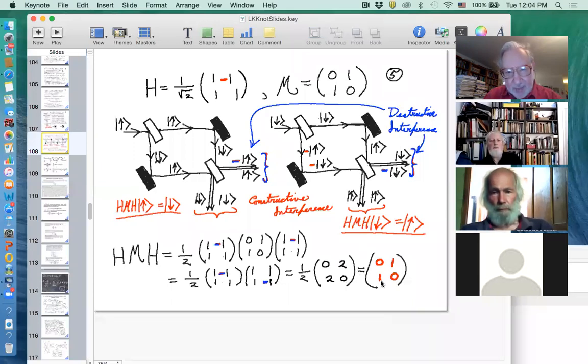And if you had a spin down going in, you'll have a spin up going out. When you go through the paths formulation, you find that you're getting the same results. For example, here are the paths for the spin up going in, and you get a reinforcement for spin down coming out, and a destructive interference for the spin up, and similarly for the other one.